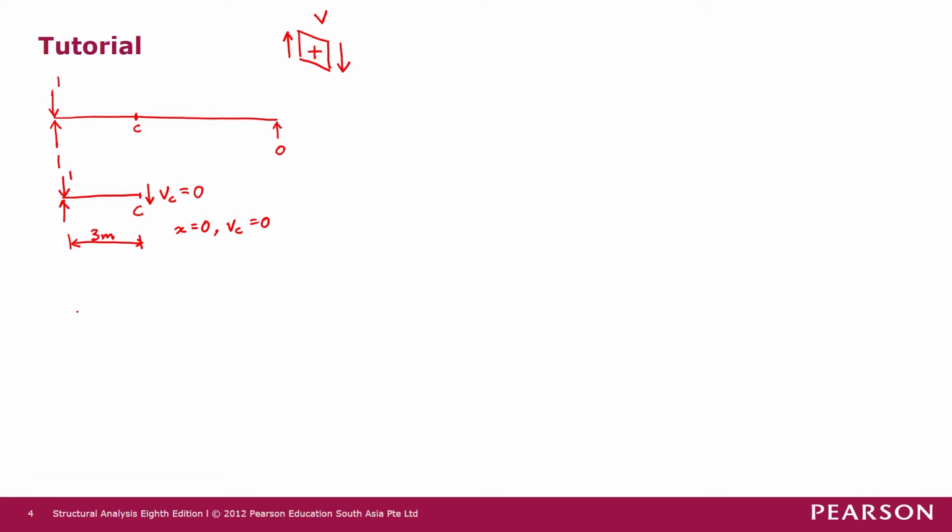Okay, so next we look at another case where x equals 1. Okay, so this is 1 unit force, and then this is 1 meter, because we have selected x equals 1 meter. And then this is C here, which is 3 meters away.